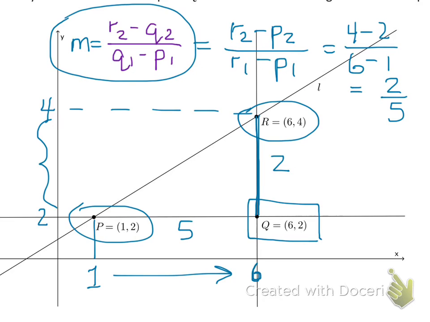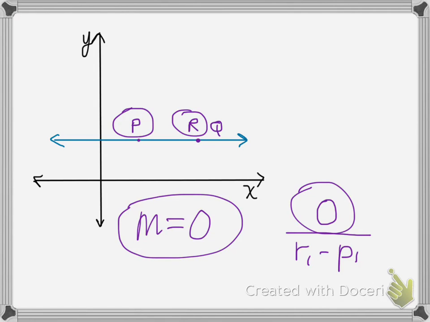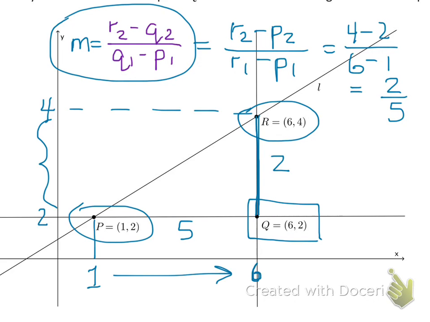We saw that the slope could be found by just looking at the difference in the y-coordinates of the two points on the line, R and P, divided by the difference in the x-coordinates.